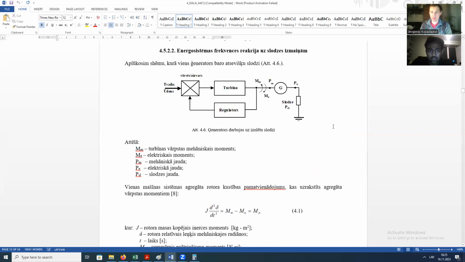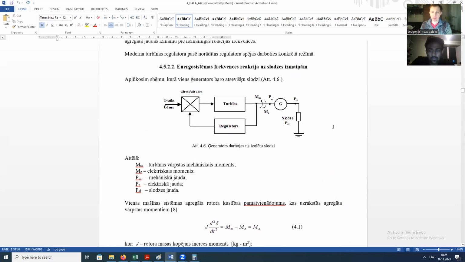First of all, as we discussed last time, we could represent a concentrated power system for one generator and one united load. So in this scheme, we could see that there is a turbine and this one is a regulator.